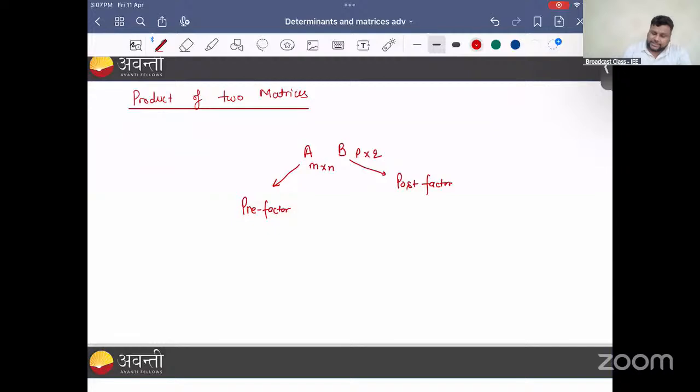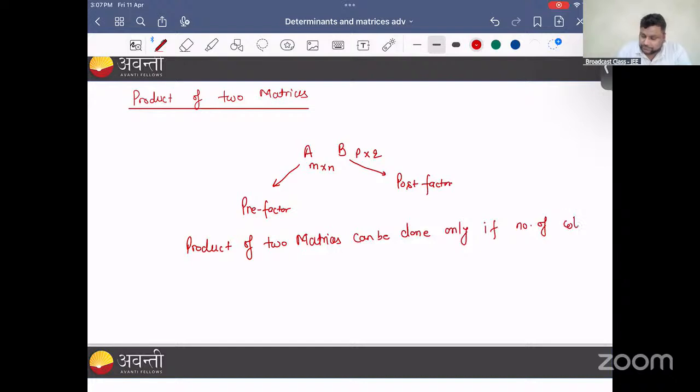In this case, the product of two matrices can be done only if the number of columns in the prefactor is equal to the number of rows in the post factor.